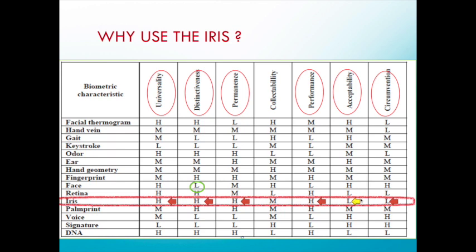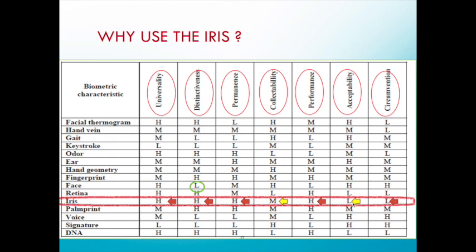Now, just in terms of acceptability and collectability, a word has to be said here that this is now changing. It was always traditionally not that easy to collect someone's iris. It wasn't acceptable in airports for people to use the type of devices that they had to stick their heads right up to in order to obtain their iris.